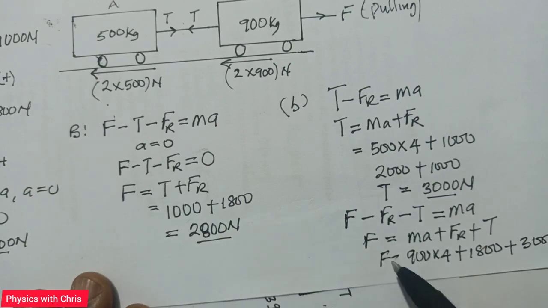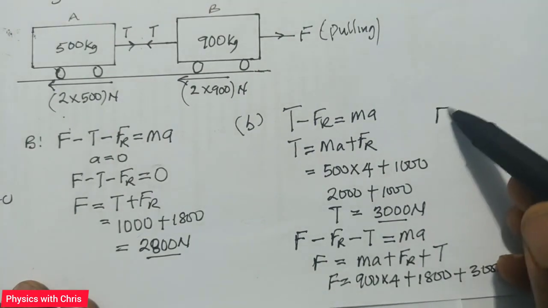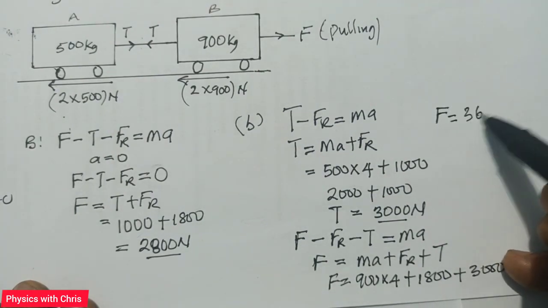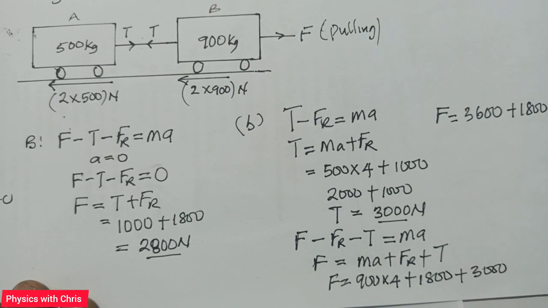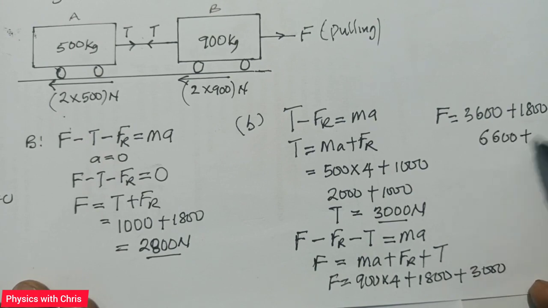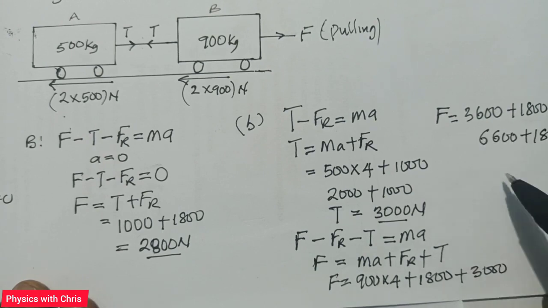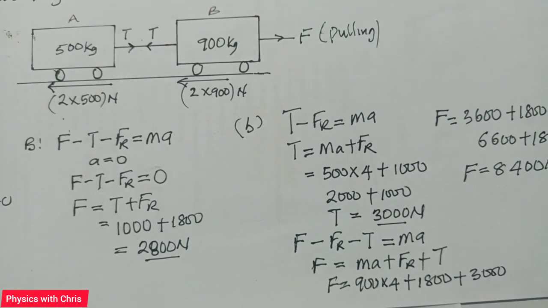That is the value of the pulling force F. Okay, so let's apply the calculator here so that I can have my pulling force F equals 3600 plus 1800 plus 3000. That will give me a total force of, this is 6600 plus 1800. That will give me 8400 Newton. That's the value of the pulling force F that is applied through the 900 kilogram wagon.